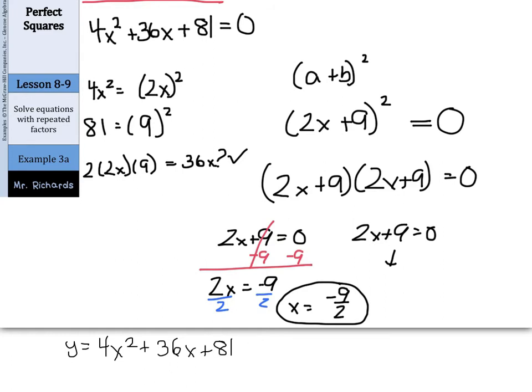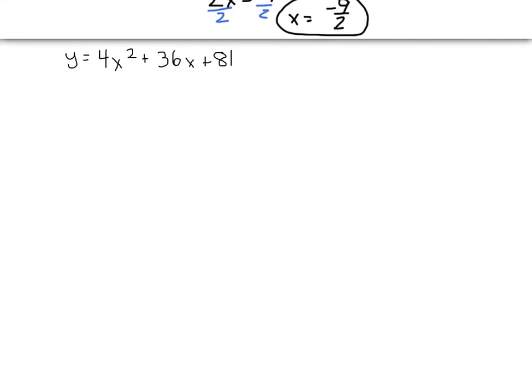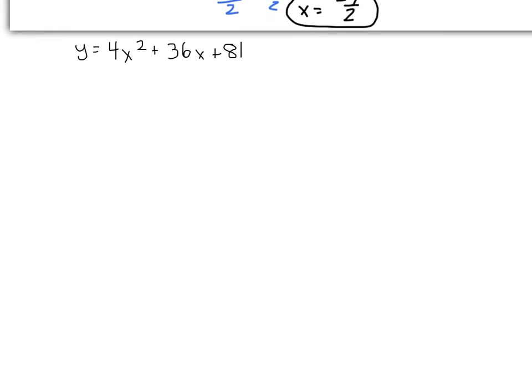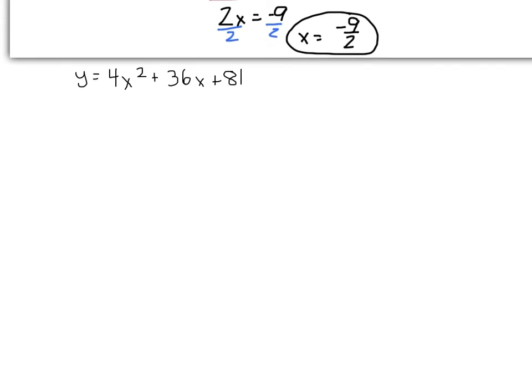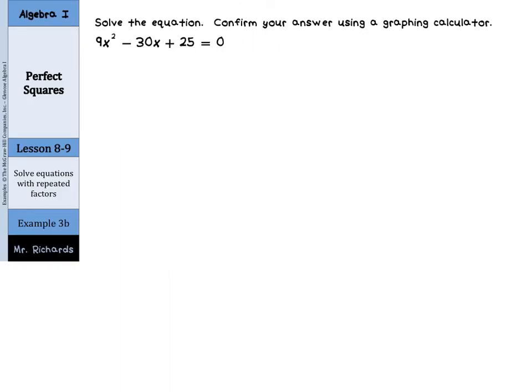Whether you use an internet graphing calculator like Desmos.com, which is where I got these images from, or even a TI graphing calculator, it should show this. You can see where the graph intersects the x-axis at negative 4.5, and sure enough our answer was negative 9 halves, which is the same thing as negative 4.5, so we are good to go. What about this equation?